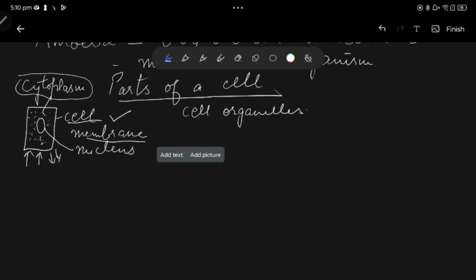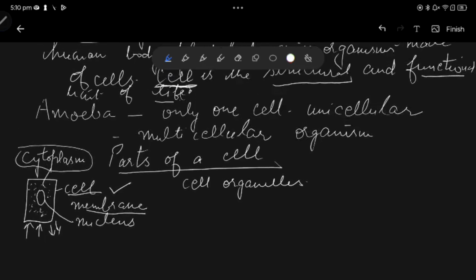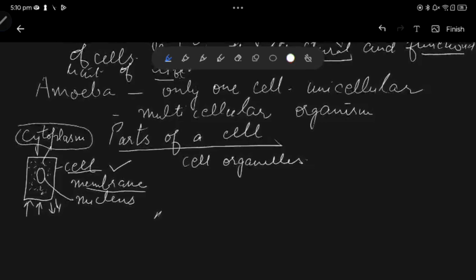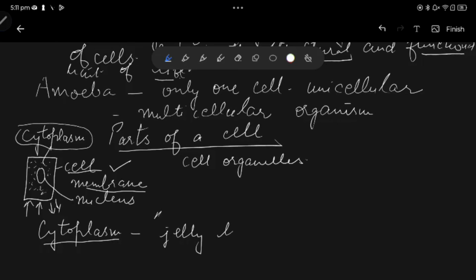Next, we will talk about cytoplasm. Inside the cell membrane, there is a jelly-like substance. You all must have eaten jelly.